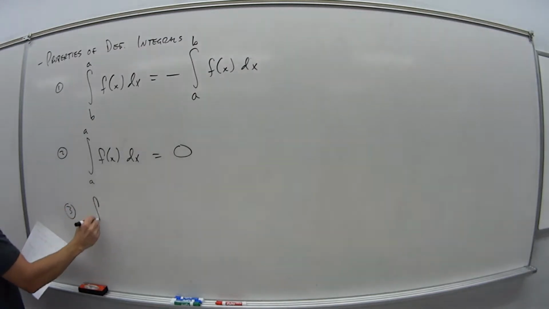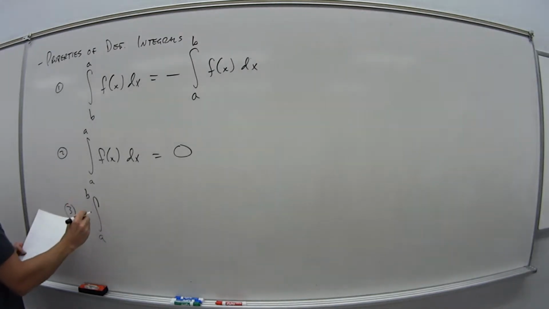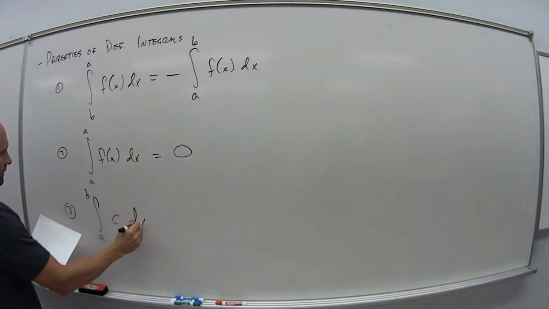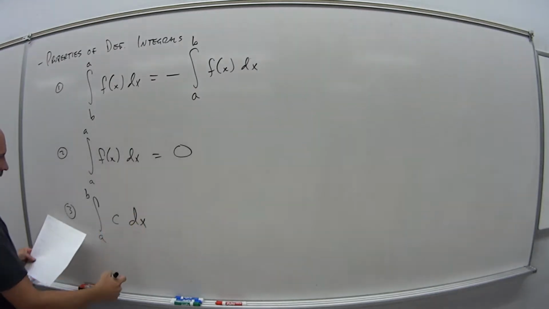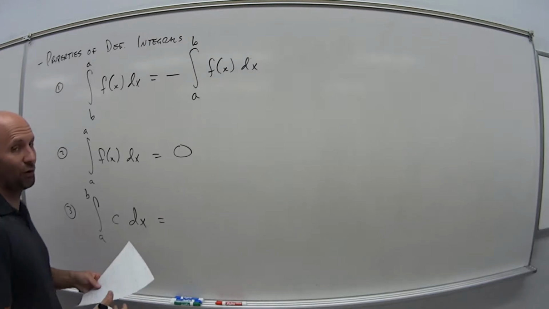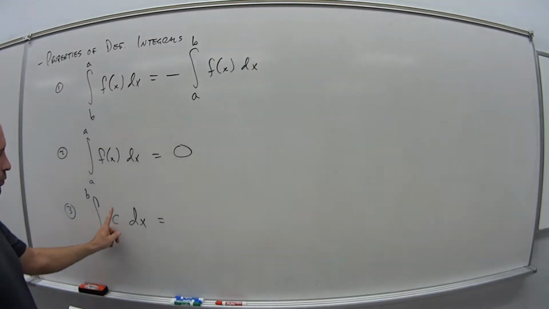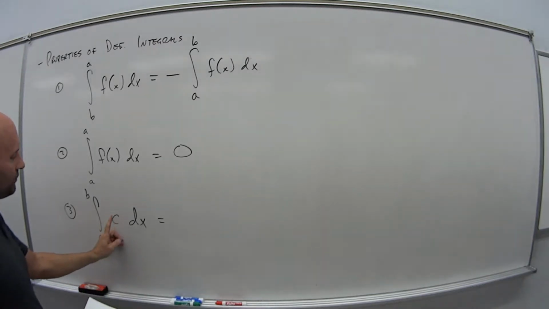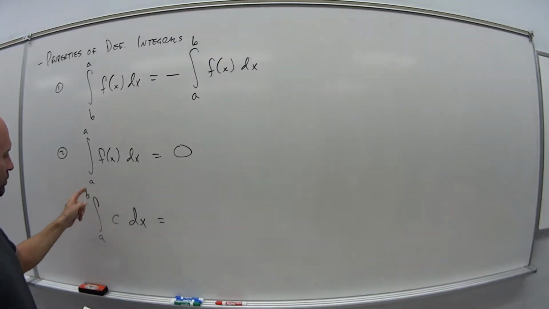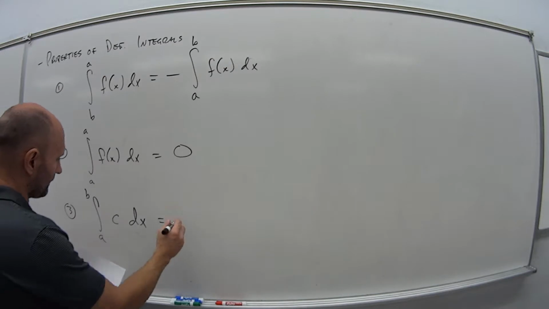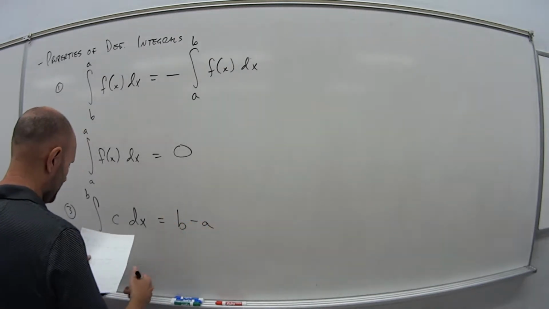Number 3, the integral from a to b of a constant. Well, this kind of goes to the shortcut that I showed you, right? If I have a constant, let's just call this 1. If I take the antiderivative, that's x, and then I plug in b minus a, what do I get? I get b minus a.